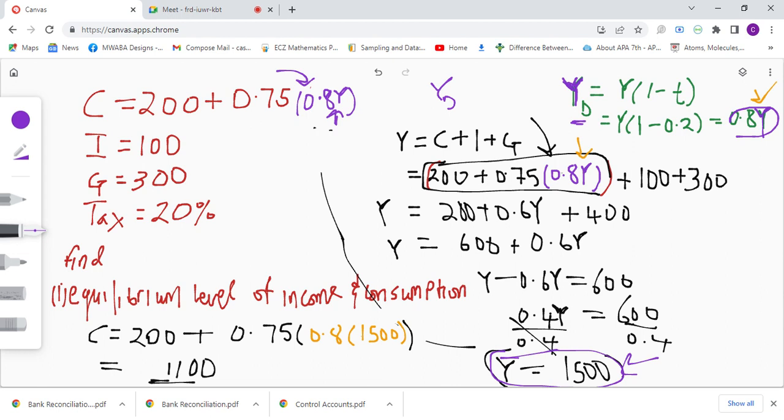So 0.8 times 1,500 is 1,200. Then 1,200 times 0.75 is 900. Then 900 plus 200 to get 1,100. So this is the consumption at equilibrium.